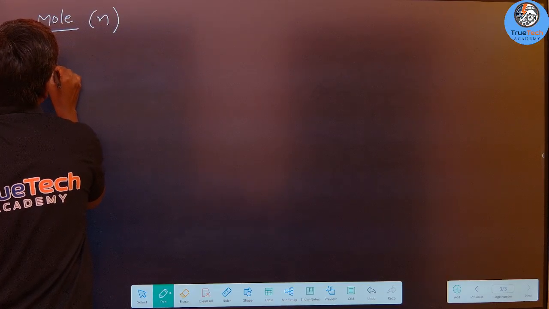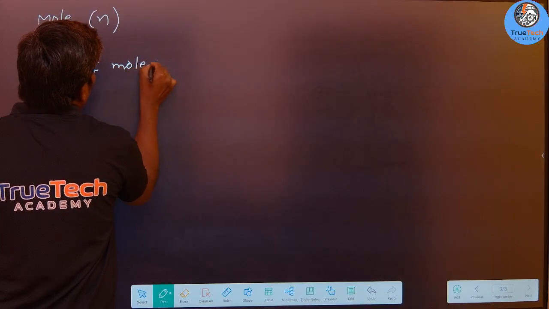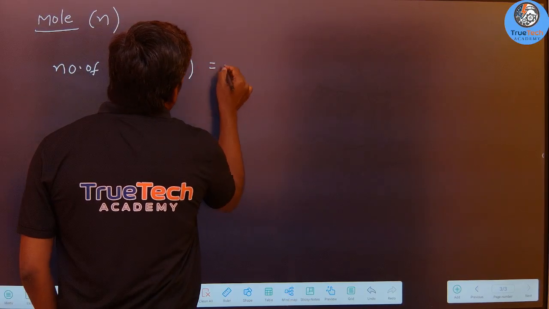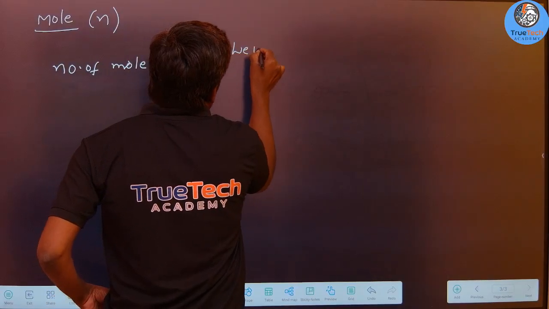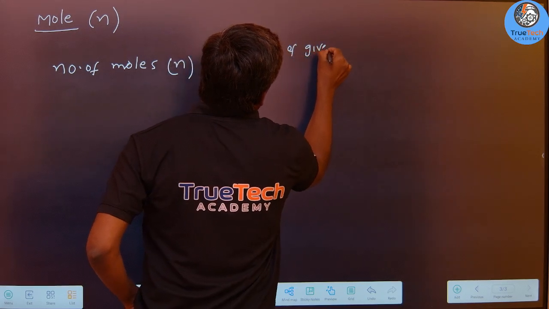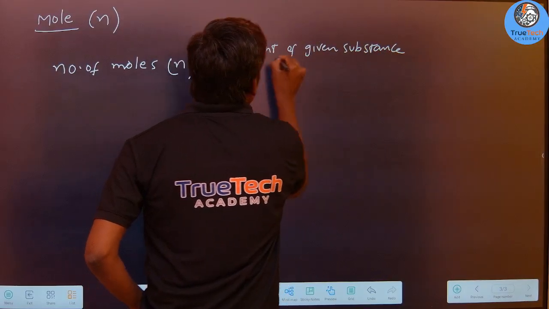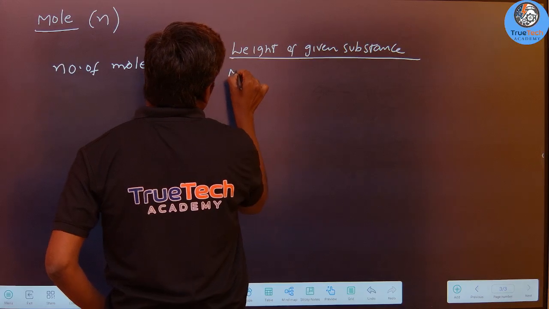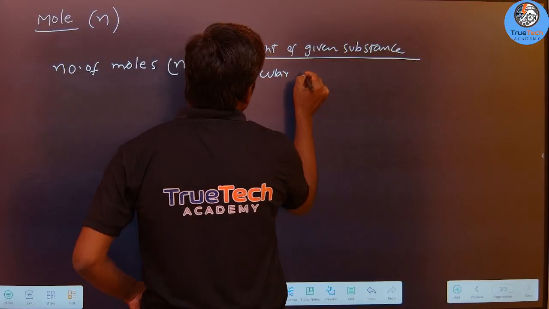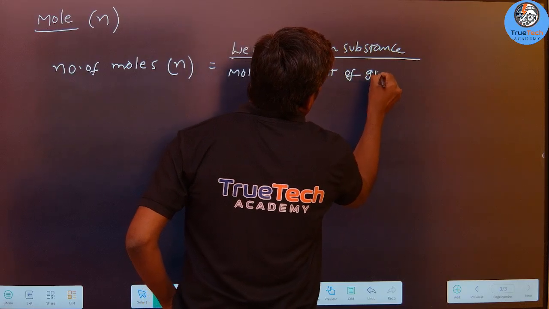The formula is: number of moles, symbol n, equal to the weight of the given substance divided by the molecular weight of the given substance.